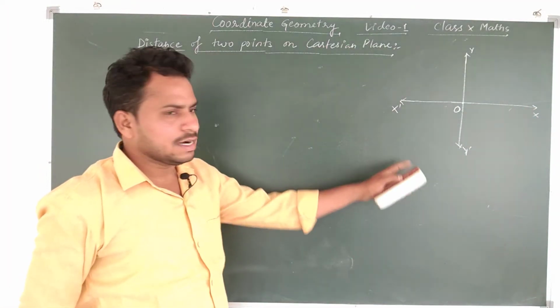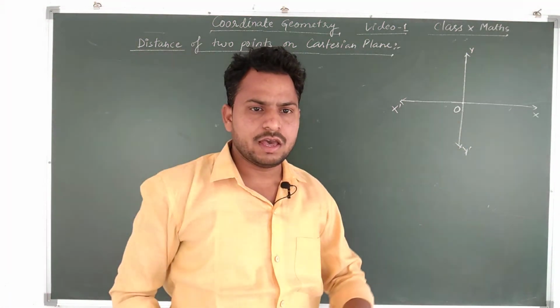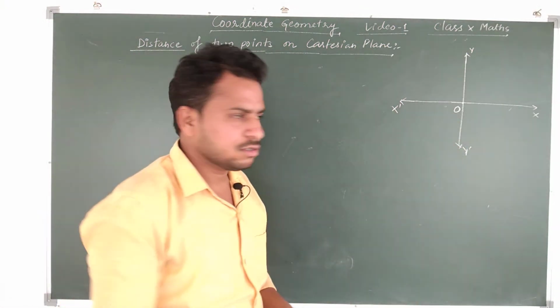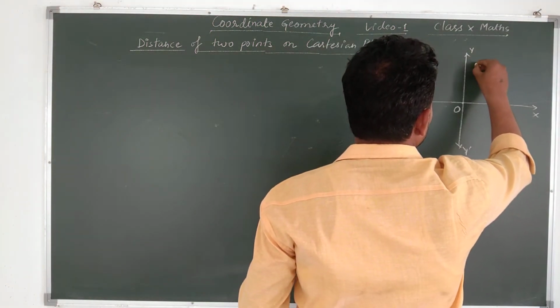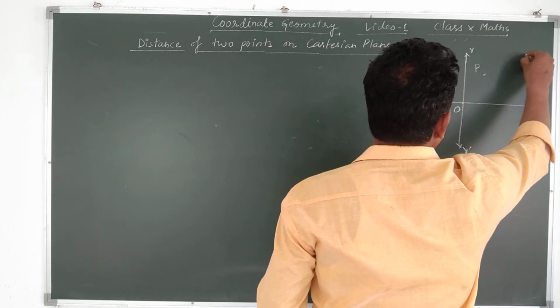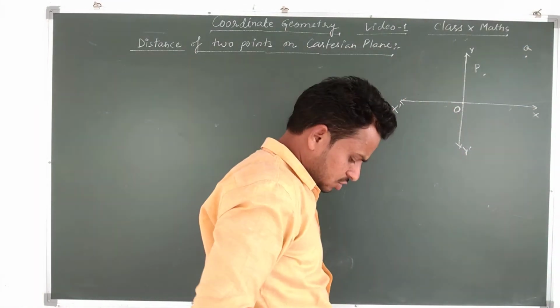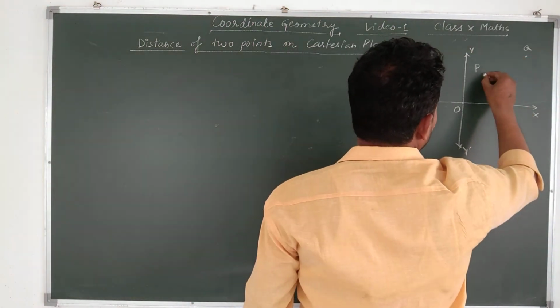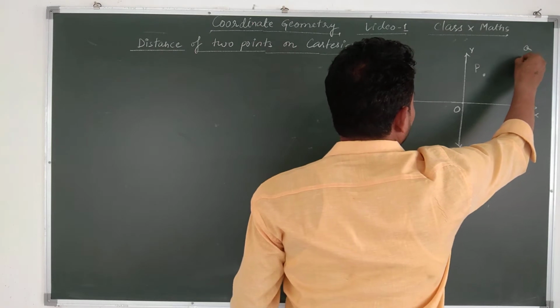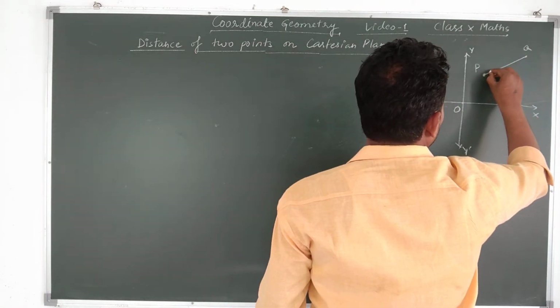On this Cartesian plane we have 2 points, P and Q. Find the distance between P and Q.